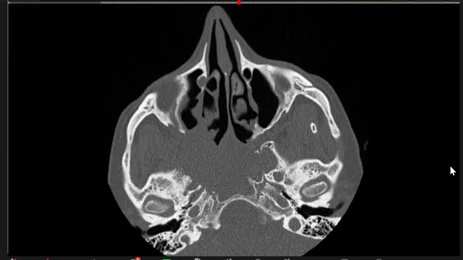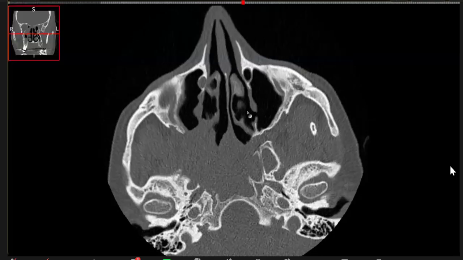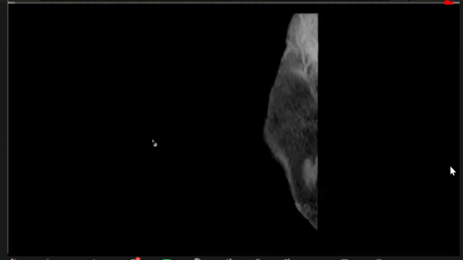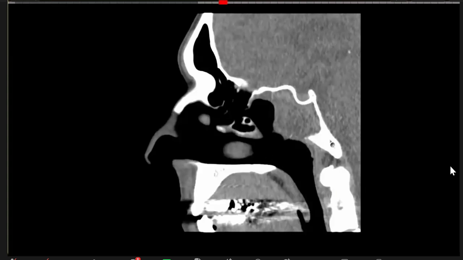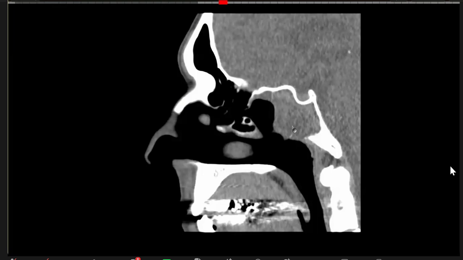Let me actually show you a sagittal, and I think it will be a good idea to show it to you on this case, which I never showed the candidate, so you can see what is happening.